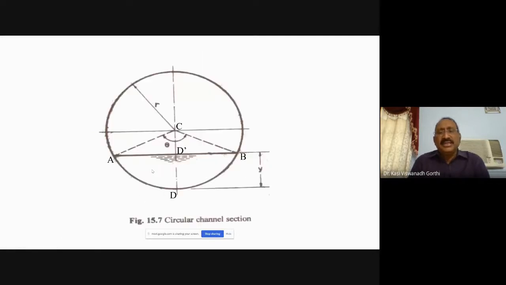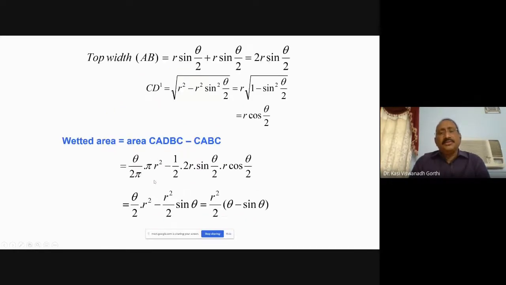What is theta? Theta is the angle in radians, angle BCA. So theta by 2 pi into pi r square is the area of the arc, minus the area of the triangle. So half of base into height: half of 2R sin theta by 2 into R cos theta by 2.